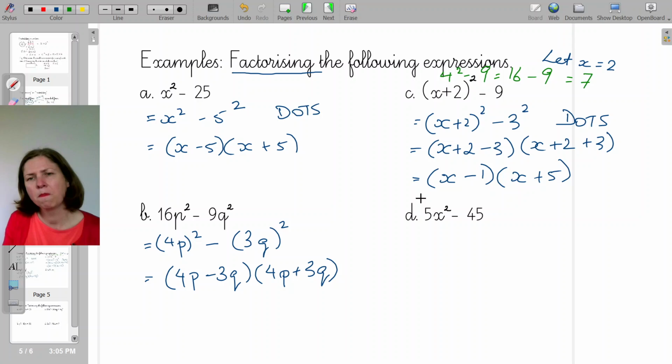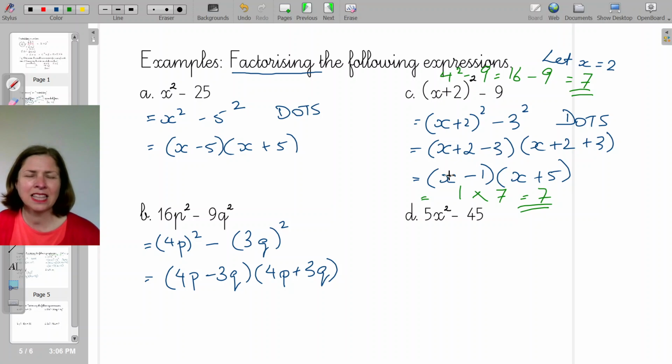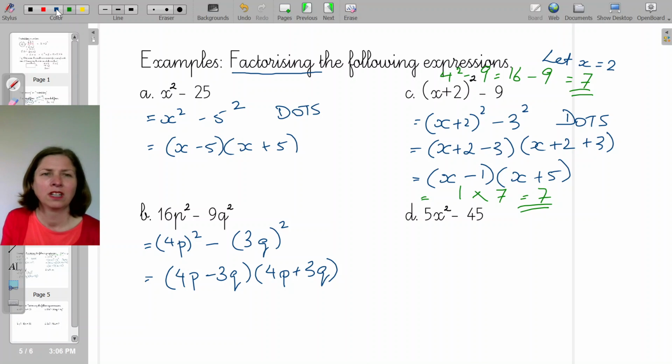Down here, I'm going to get 2 minus 1, that's 1, multiplied by 2 plus 5, which is 7, and that gives me 7. So I got the same answer for the original and my version, which means that they're likely to be equivalent expressions. Now, if I wanted to be 100% sure, I could choose another number and check again, but that's good enough for me. Okay, last one on this page.